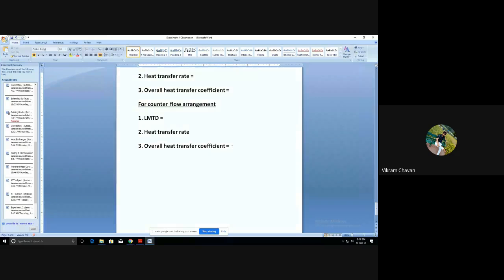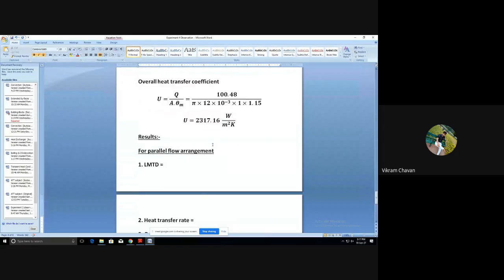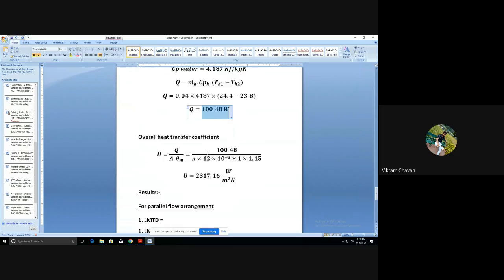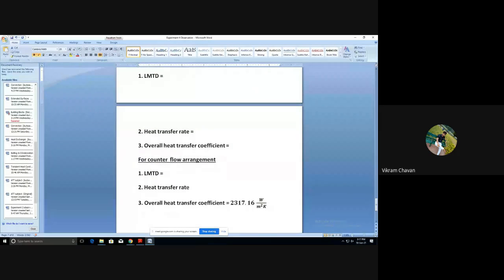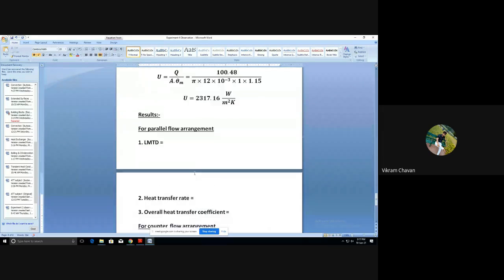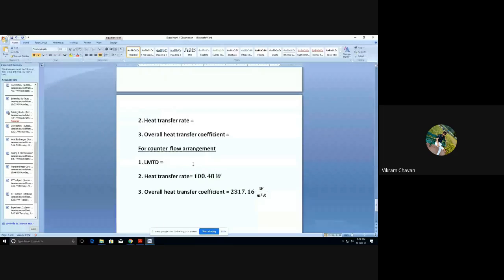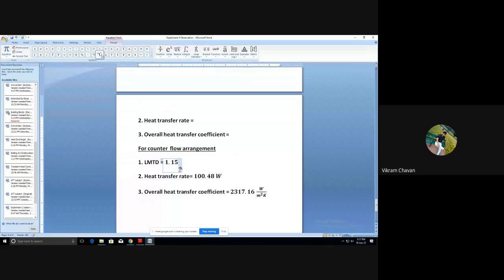Overall heat transfer coefficient is 2317, then Q is equal to 100.48, and LMTD is 1.15 degrees Celsius. The unit is degree Celsius.